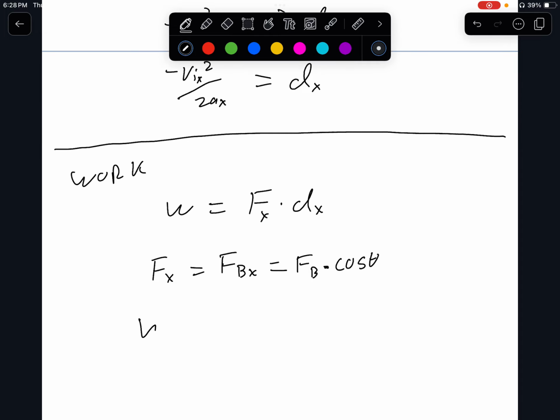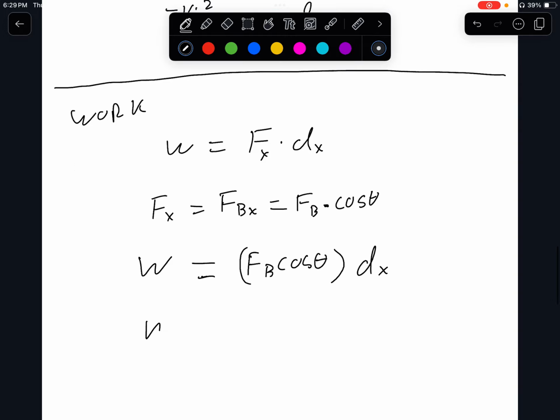To solve for the work, I take that F_B cosine theta and multiply it by the dx that I solved for above, and that's going to give me my final answer for the work.